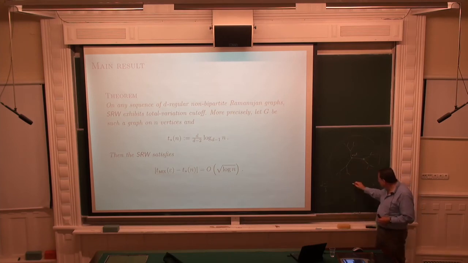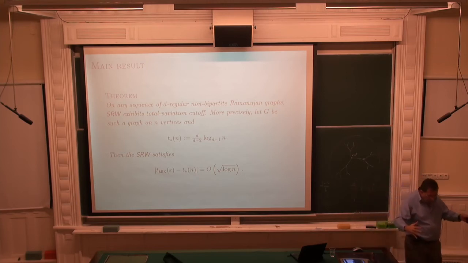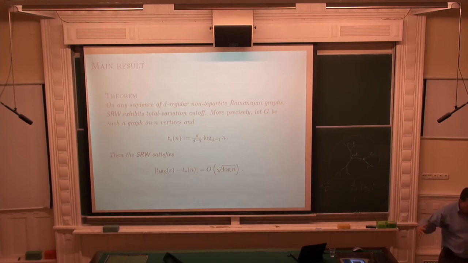So the inverse of that is the time where we have a chance to reach the ball of radius log d minus 1. And before that time, we will be confined to a really small set, those that are closer to the starting point. So that's an obvious lower bound for mixing time, not just in these graphs, but in any regular graph.